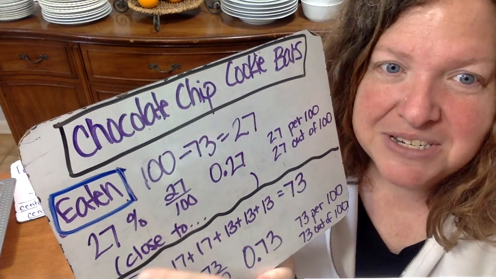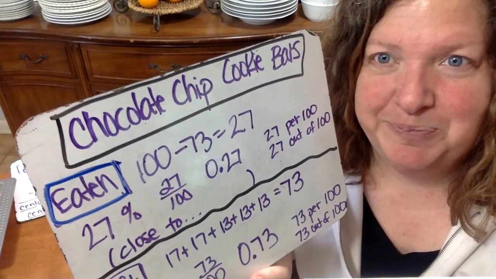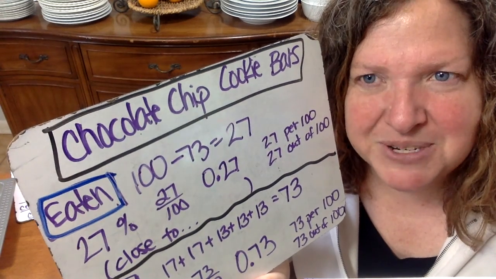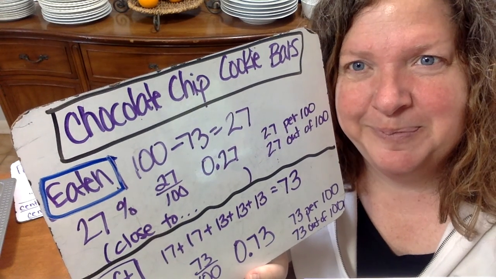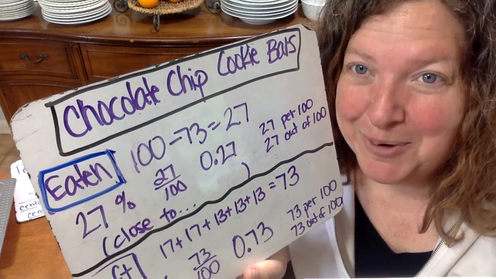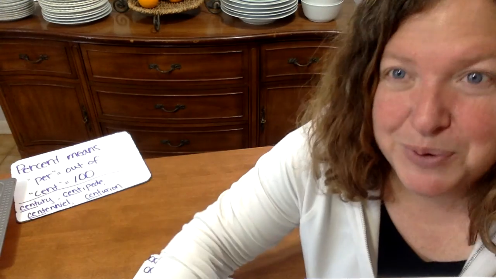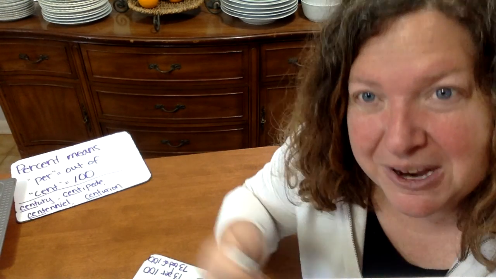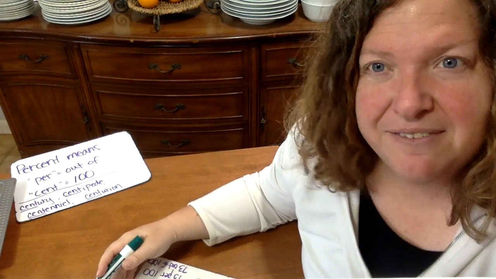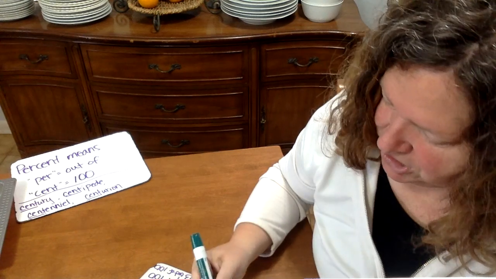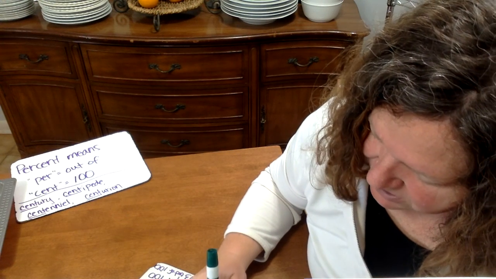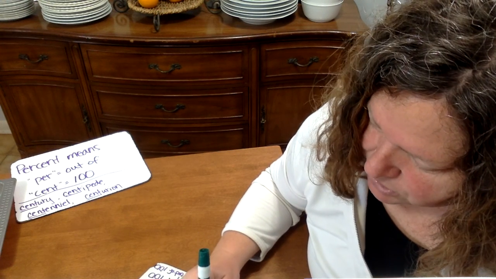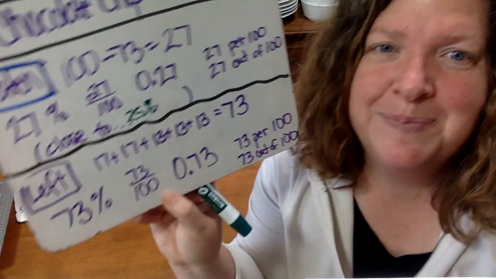So you're going to need to know what it's close to. What is 27% close to? Well, I hope you say it's close to 25% because that's very common. It's kind of a benchmark. We call it a benchmark. 27% is close to 25%.